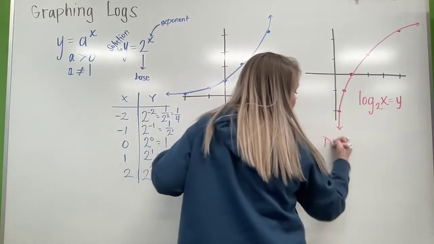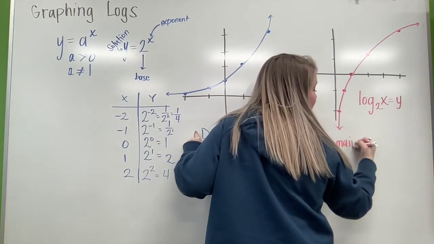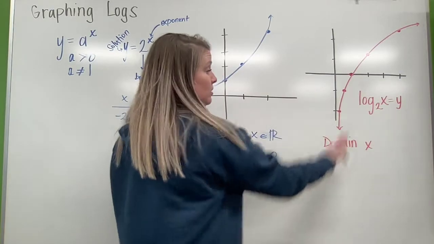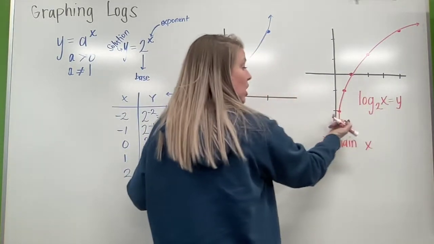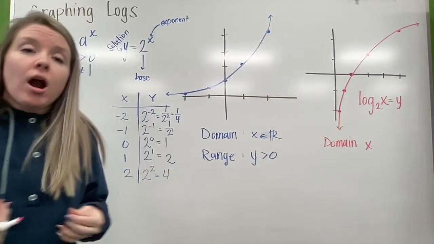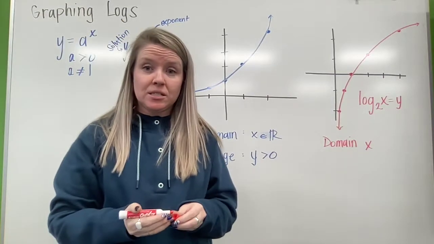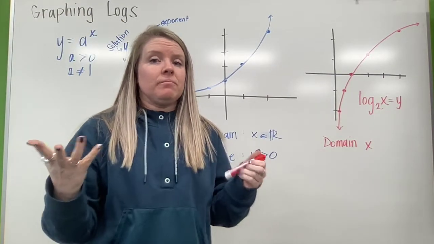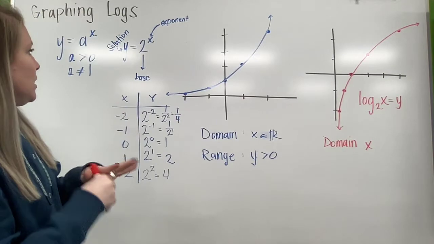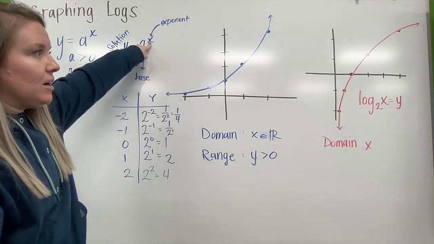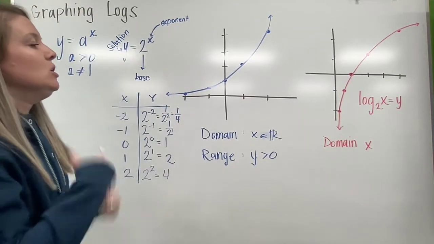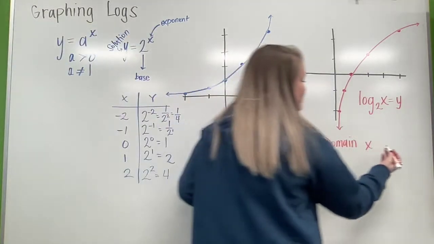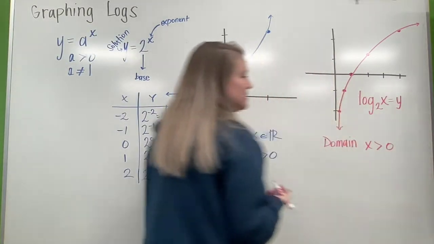Our domain here, what x values can I plug in? I can't go beyond here. Because our log is solving for our exponents, and there's nothing I can plug in here that'll give me that 0. So our x has to be greater than 0.